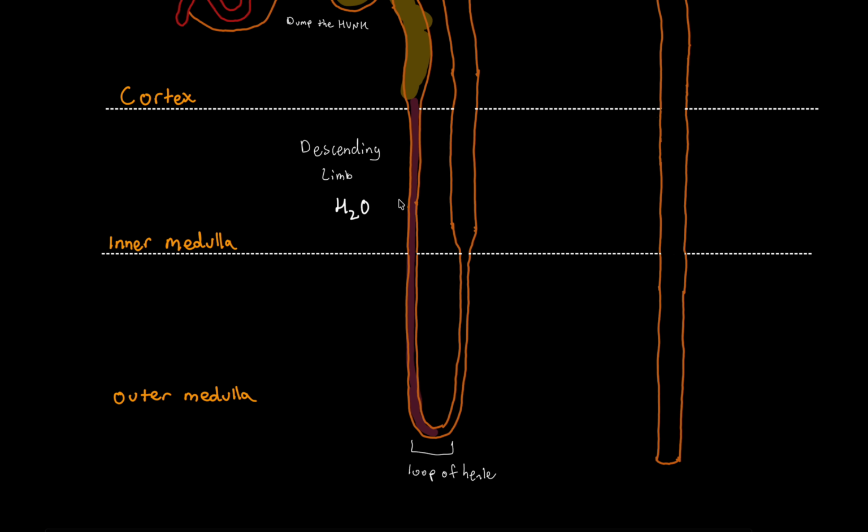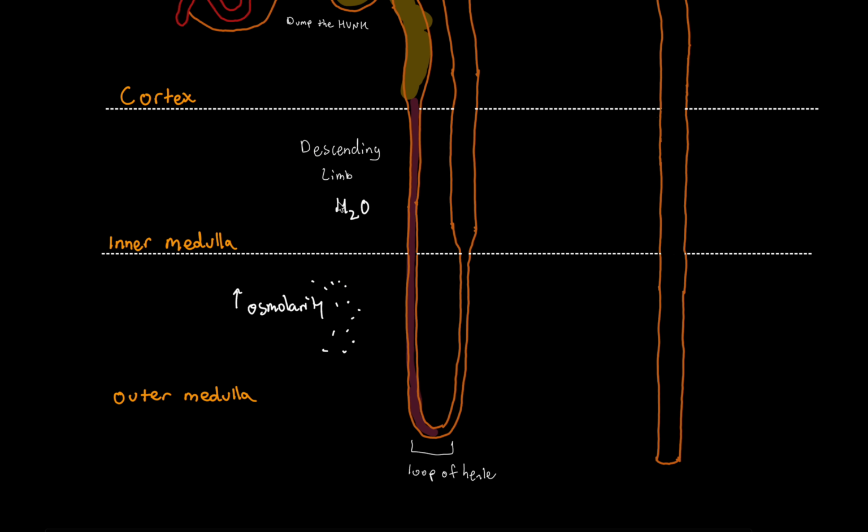The ability to flow in or out depends on the osmolarity of the medulla. As we go from the cortex to the inner medulla, the osmolarity is going to increase. Through this increase in osmolarity, we have more solutes on the outside compared to inside. If you remember from osmosis, water follows the salts.